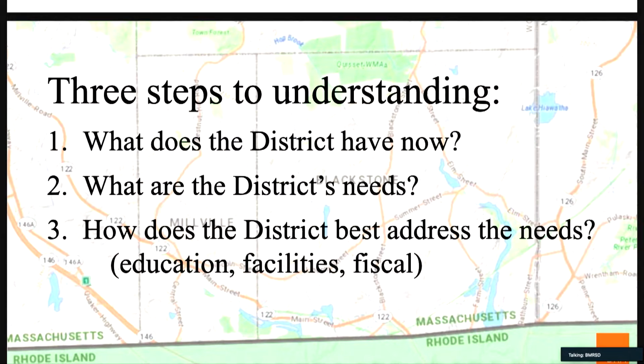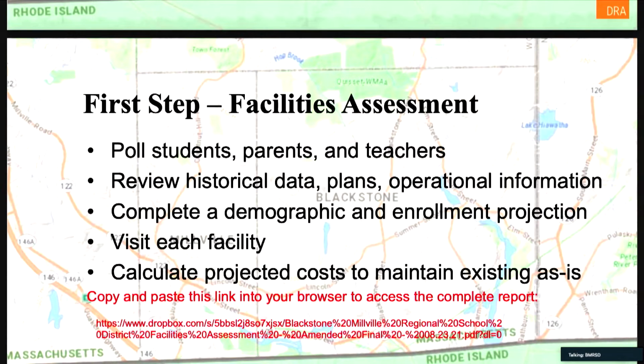So the first two steps grew out of and were intrinsically part of the facilities assessment. That's what you own. And we'll spend a little bit of time on those because those are the pieces that we talked about the last time. So as part of facilities assessment, when we started in, we understood that there was some feeling that the district might not be doing as well as it ought to be in certain areas.